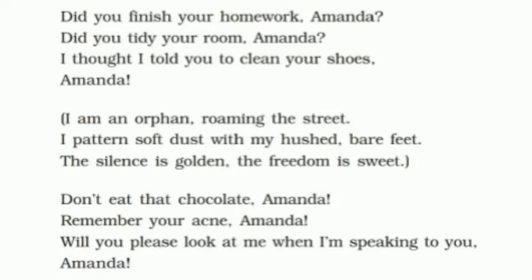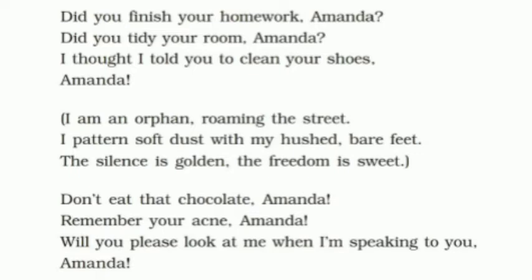Similarly, freedom and sweet are two different things, but they are being considered to be the same. So it is metaphor. Next, the rhyme scheme of the third and fourth stanza is AA, DA, EEE. I repeat, AA, DA, EEE.